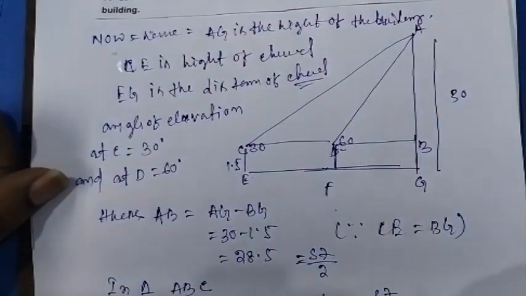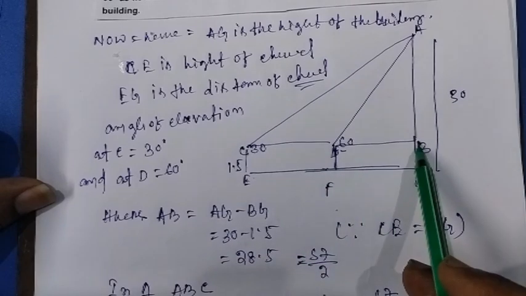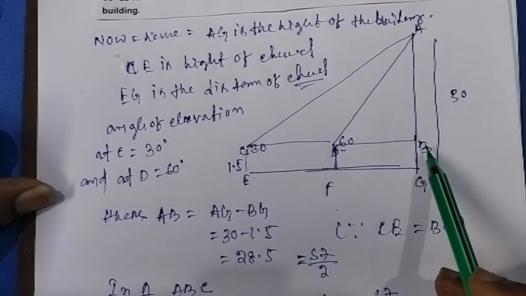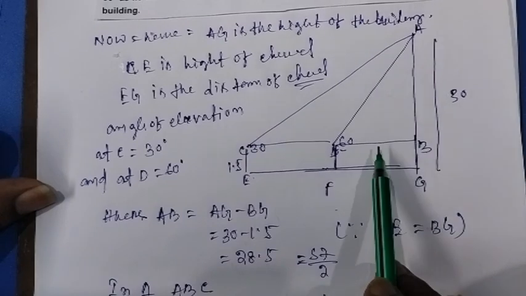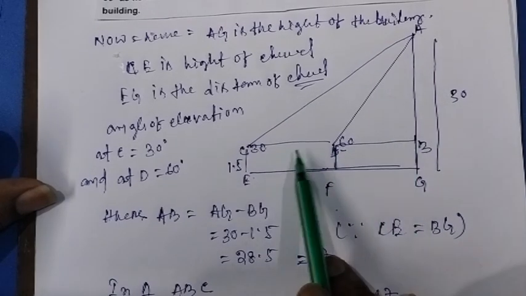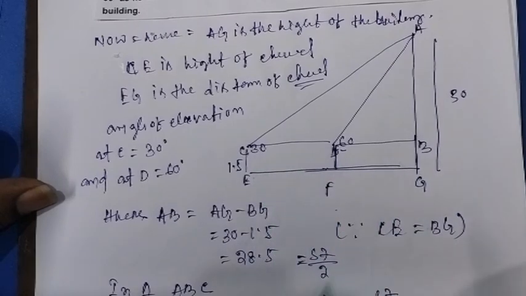If we observe the figure, we have found BC and we have found BD. Now, by subtracting BD from BC, we will find CD.